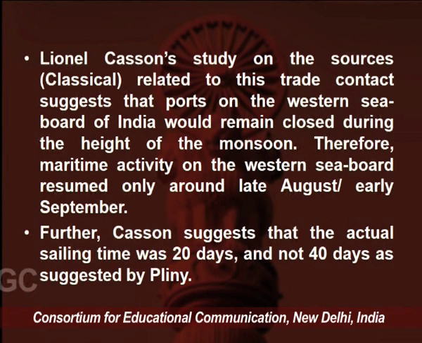Now, Casson's study on the sources, which is basically about the classical sources of the Greco-Roman world related to this trade, suggests that the ports on the western seaboard of India would remain closed during the height of monsoon, and this is what I was just referring to. Therefore, maritime activity on the western seaboard resumed only around late August and early September. As I speak to you today, we are in the middle of monsoon months.